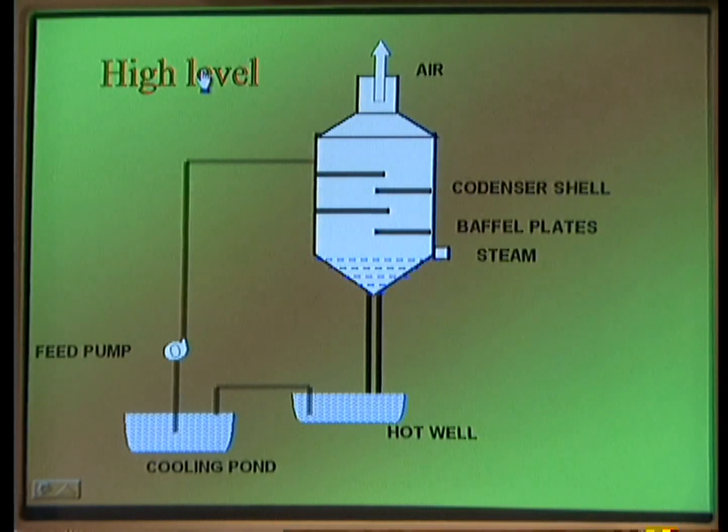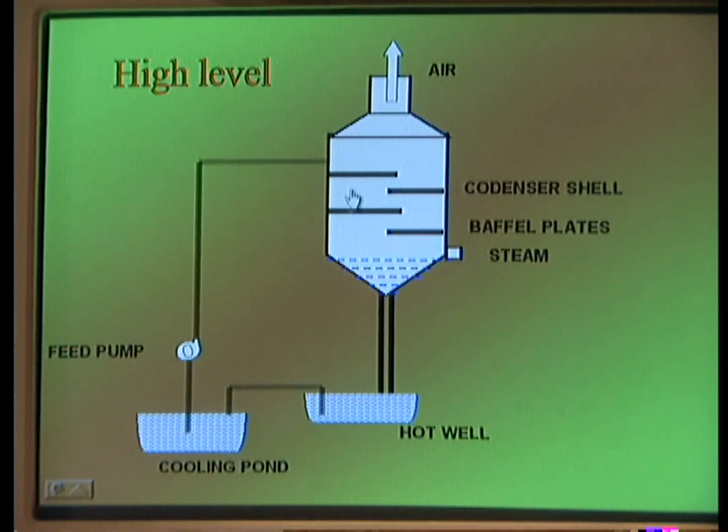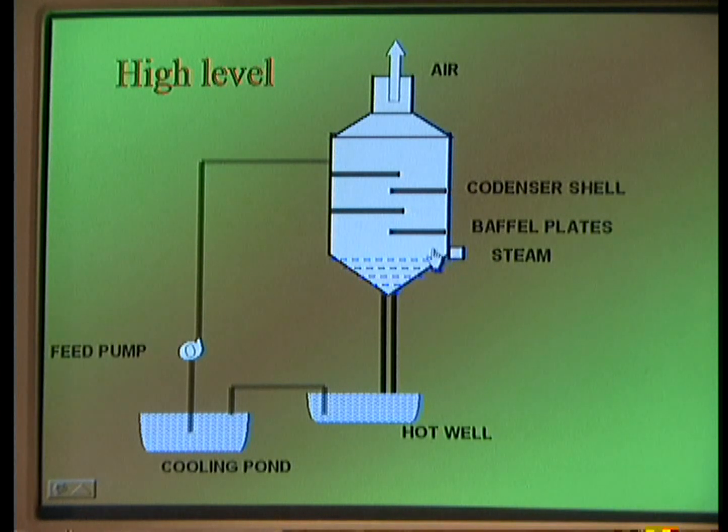Let us go to jet condensers first, starting with the high level jet condenser. You can see here this is a condensing shell. The steam from the output of the turbine enters at the bottom of the condensing shell and rises upward.